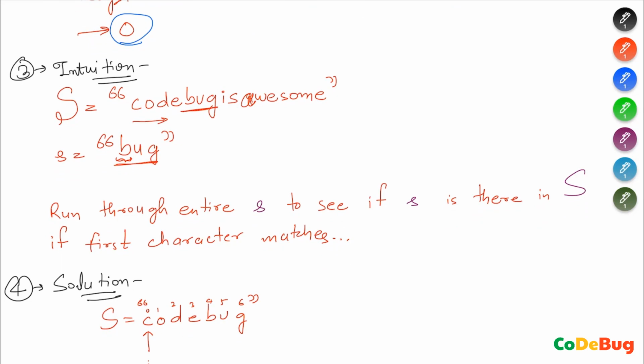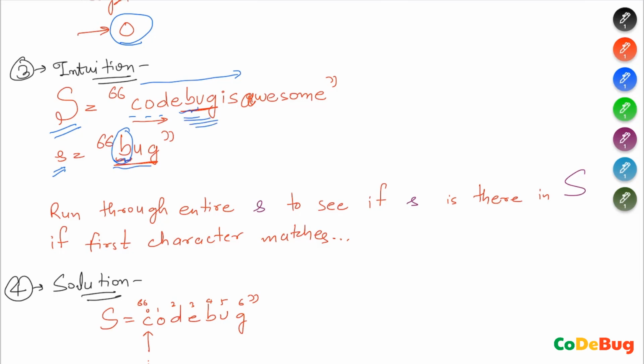Let's understand the intuition. Let's say the haystack is represented by the capital S here, and the string is "code bug is awesome", and the small string, the needle, is bug. We need to find bug. One can think that we can continuously go through the string in the haystack and see if the first character matches the first character in the needle, and then we check if all the characters of the needle from that character are there or not.